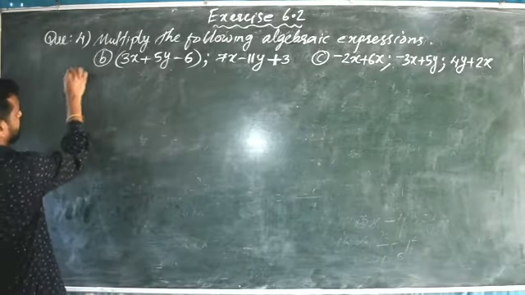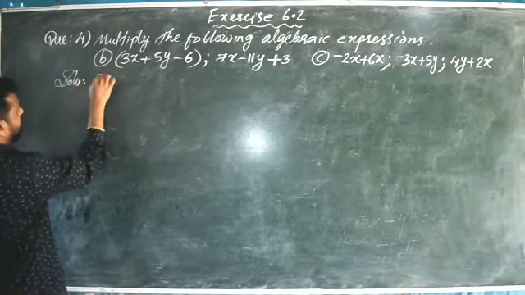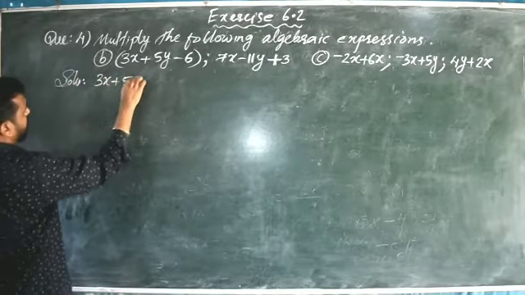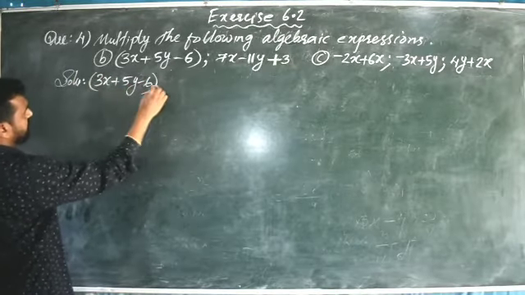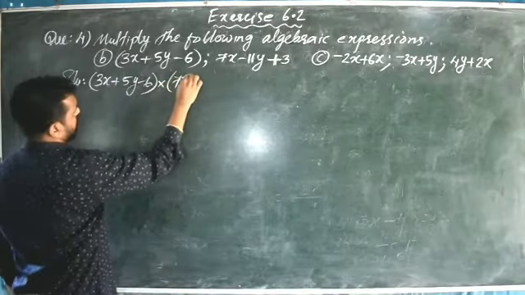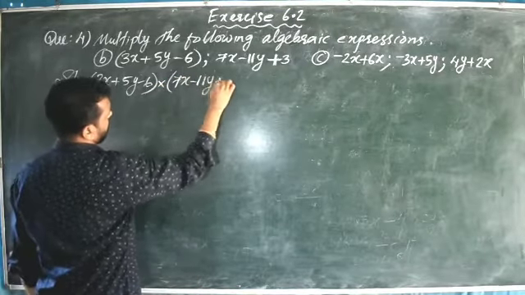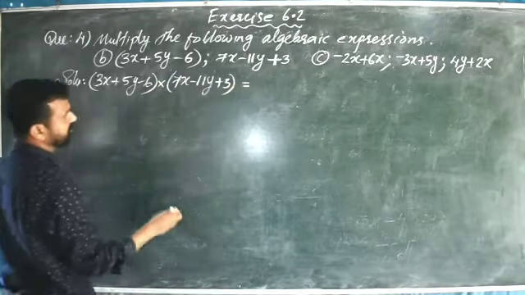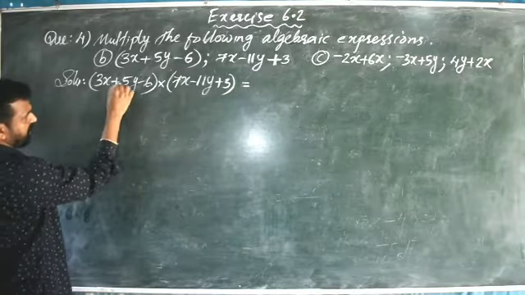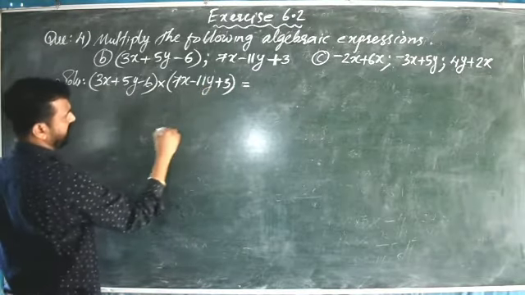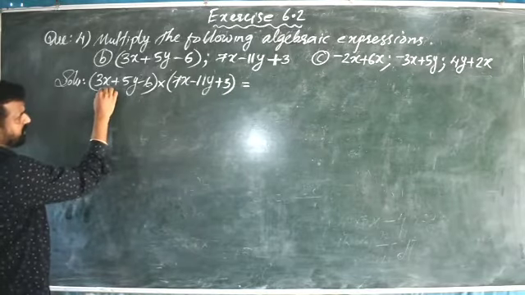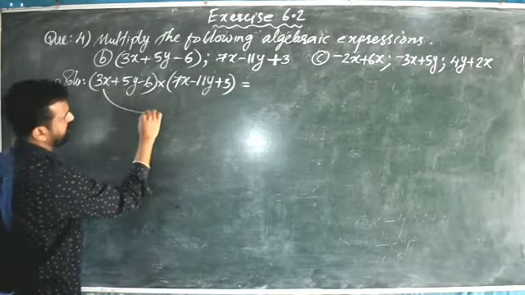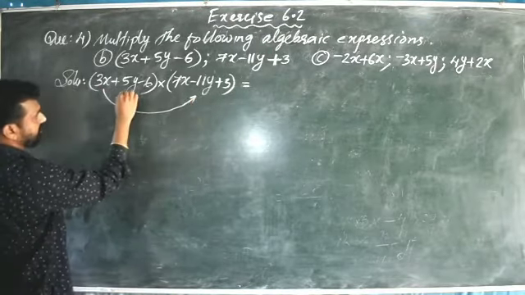Let's multiply this. 3x plus 5y minus 6 into 7x minus 11y plus 3 is equal to, how can we multiply this? A trinomial into a trinomial. Each term of the first trinomial into the second trinomial we have to multiply.